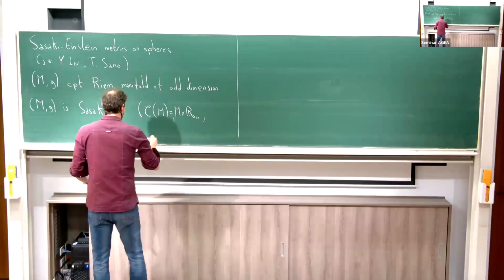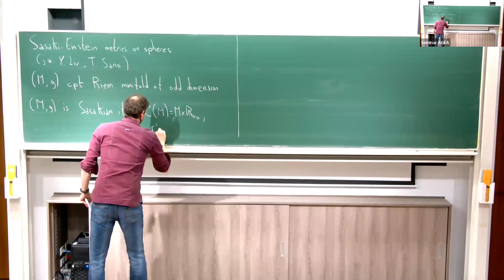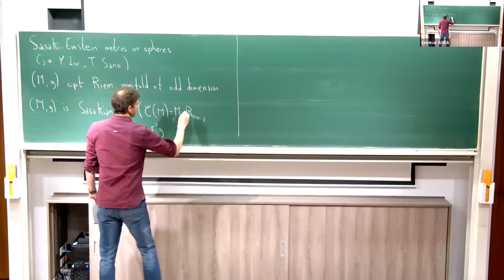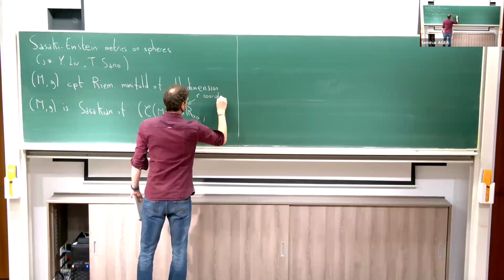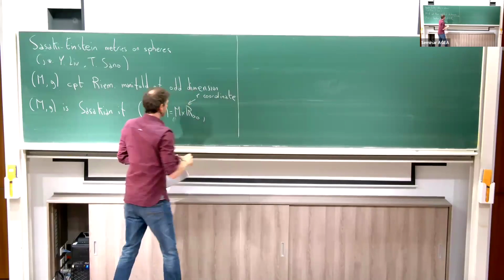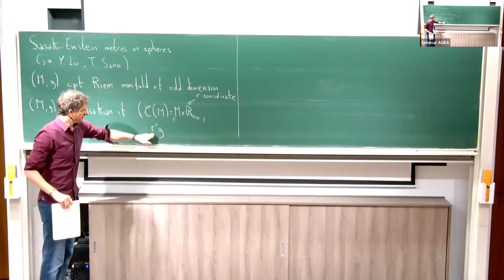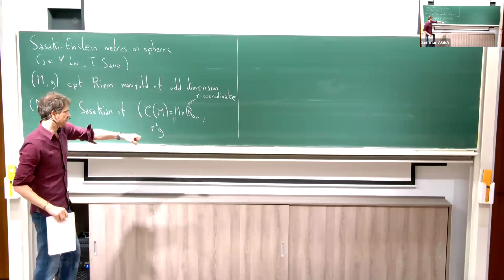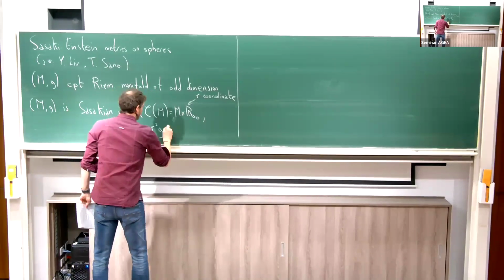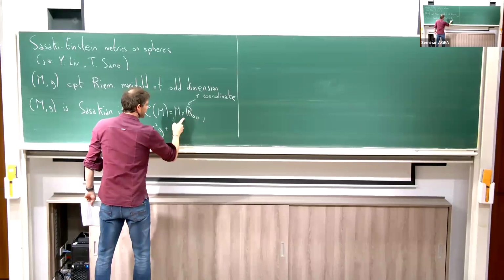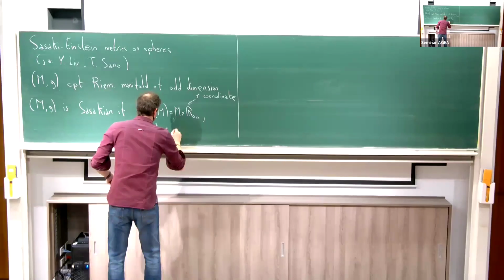The metric is just the metric g multiplied by r squared, where r is the coordinate on the real numbers. So this goes to 0 when you go to 0 here. And on this factor, you take just the Euclidean metric, which I denote dr squared.